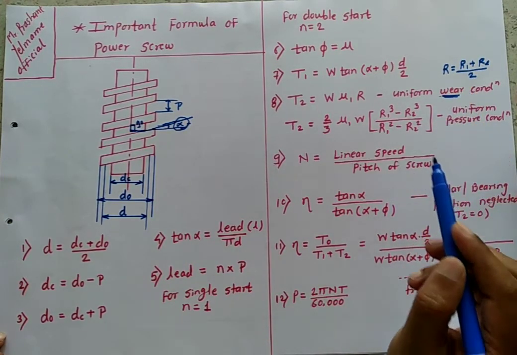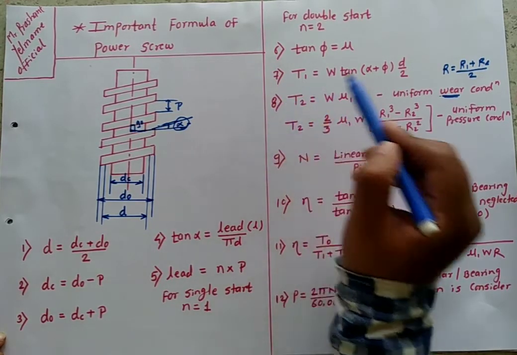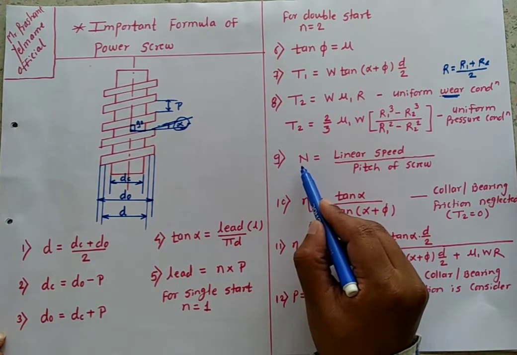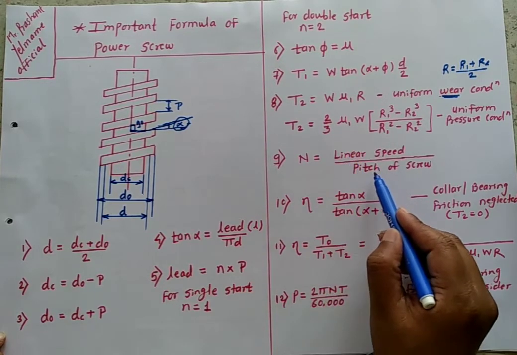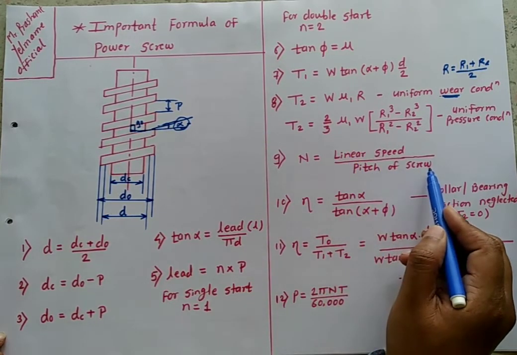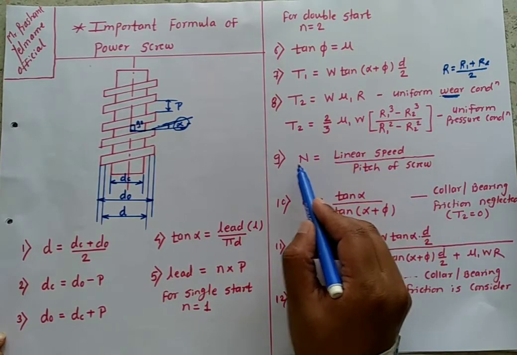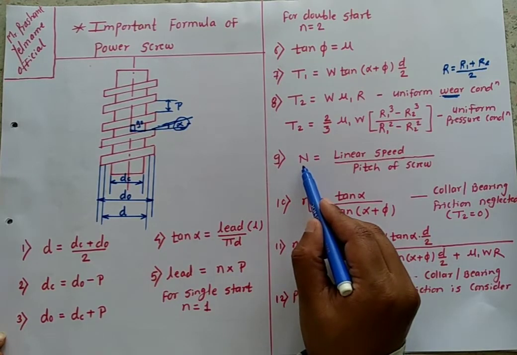So we remember these formulas T1 and T2. Then whenever the speed, that is RPM, revolutions per minute, is not given in a problem, capital N is equal to linear speed of a screw upon pitch of a screw. By using this formula, we calculate the revolutions of that particular screw, represented by capital N.